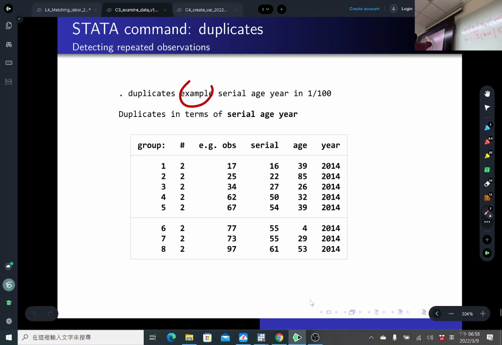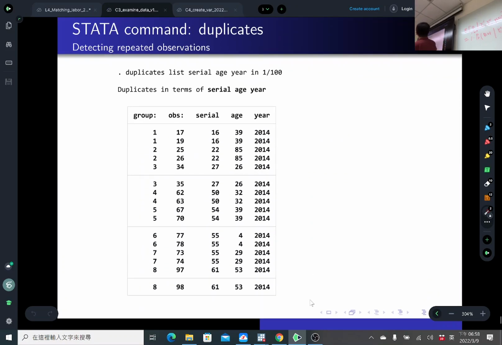If you use example, it gives just 1 example for each typical case. But if you use list, it will give you the complete list of such duplications, those that have the same serial number, age, and year. For example, observation 17 and observation 19 have the same serial number, the same age, the same year. So you can detect this.